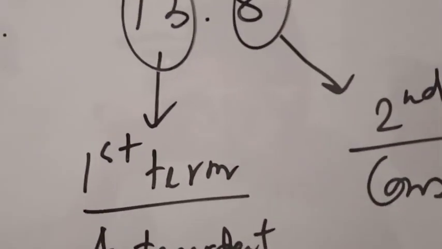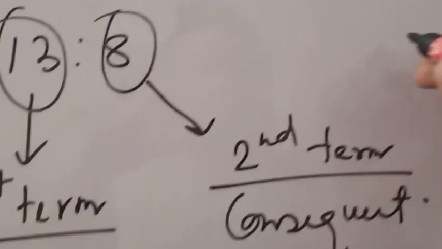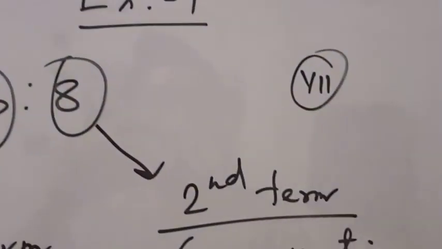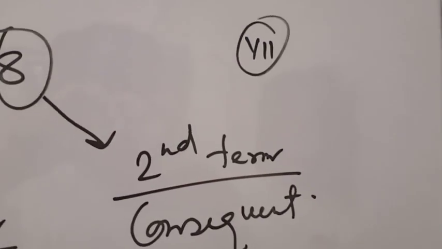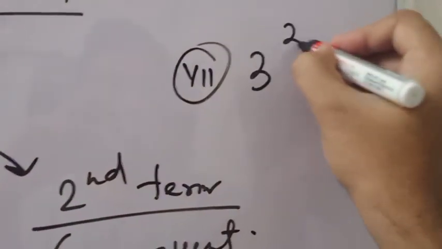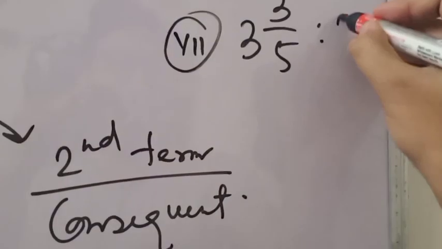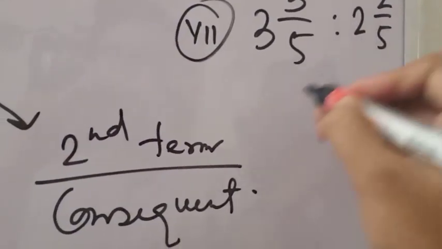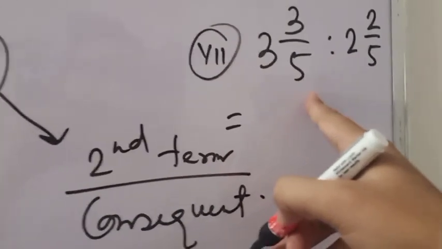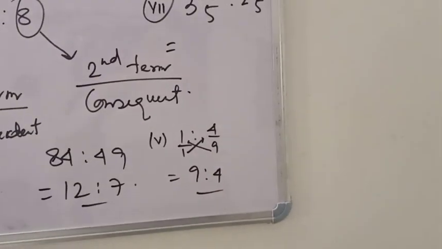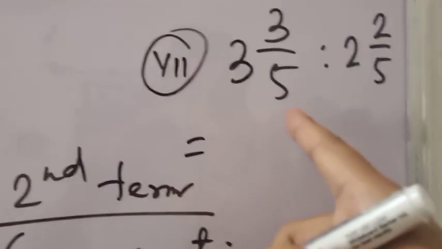Next one, number 7. In number 7, two ratios are given: 3 of 3 by 5 is to 2 of 2 by 5. Firstly, you have to convert the mixed fractions.